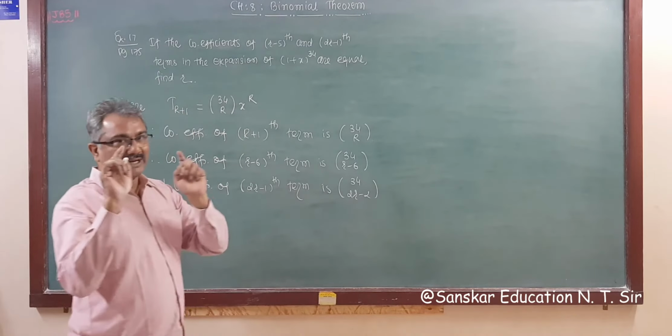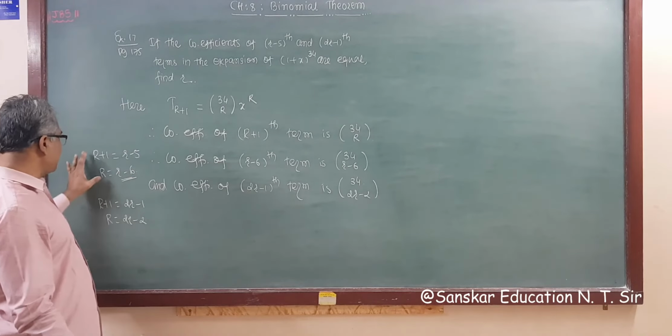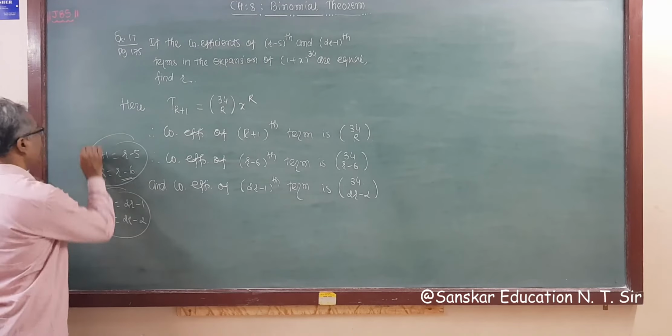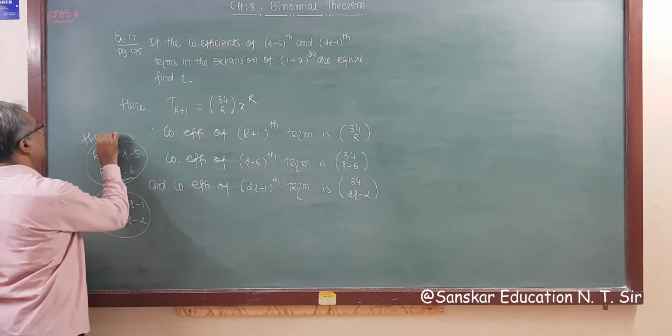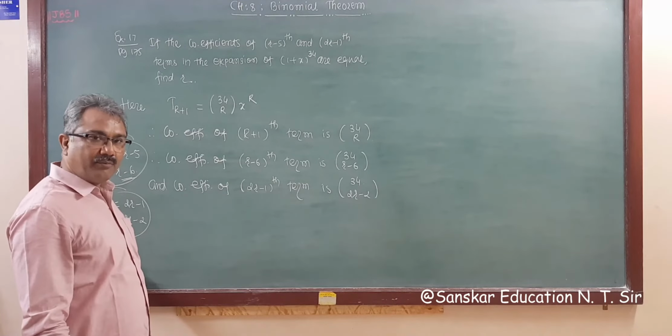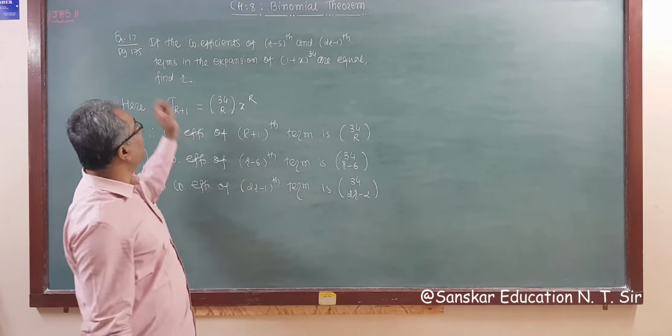If you want, you can write directly using this formula. Otherwise you have to simplify. So this is a hint for you, right? If you have a problem, go using this formula. Got it? So what is given?